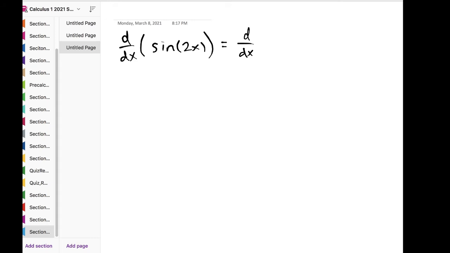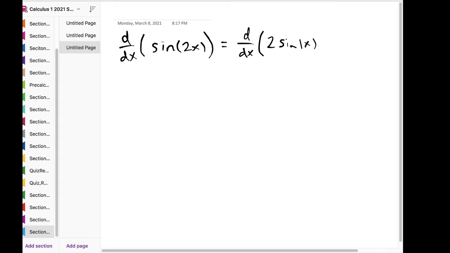But by the double angle formula, we can treat this as 2 sine cosine. So what rule can we use next before the product rule? What rule would make this easier to do before using the product rule?